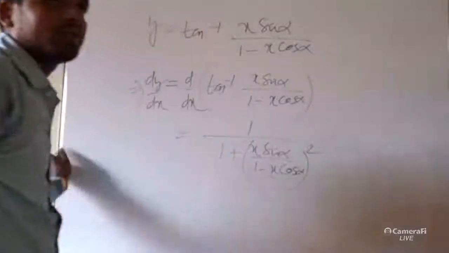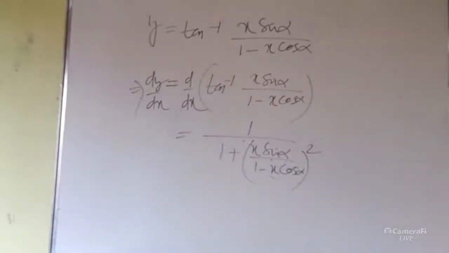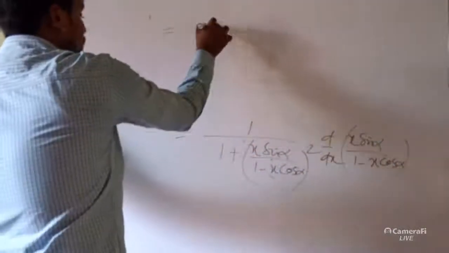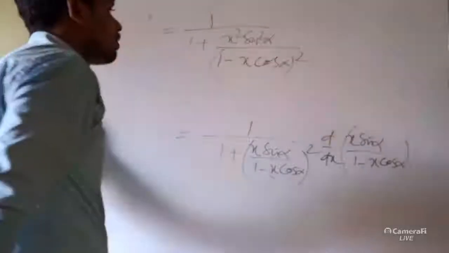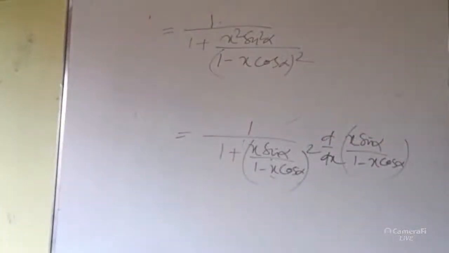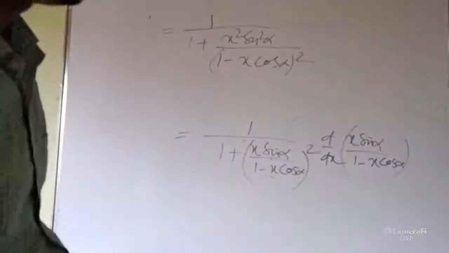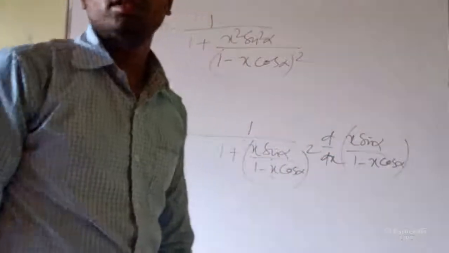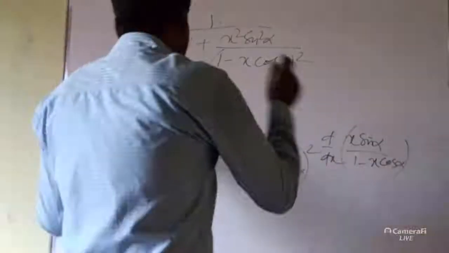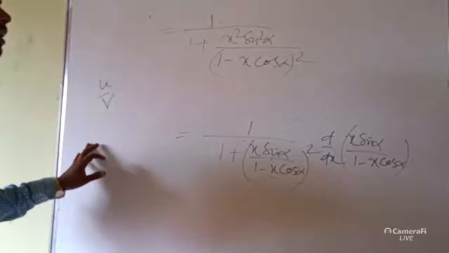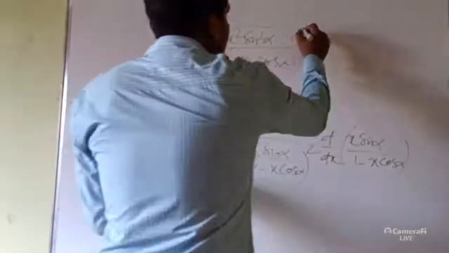Then this becomes 1 by (1 plus the whole square of x sin alpha by 1 minus x cos alpha), and the derivative of x sin alpha by 1 minus x cos alpha is in the form of u by v.